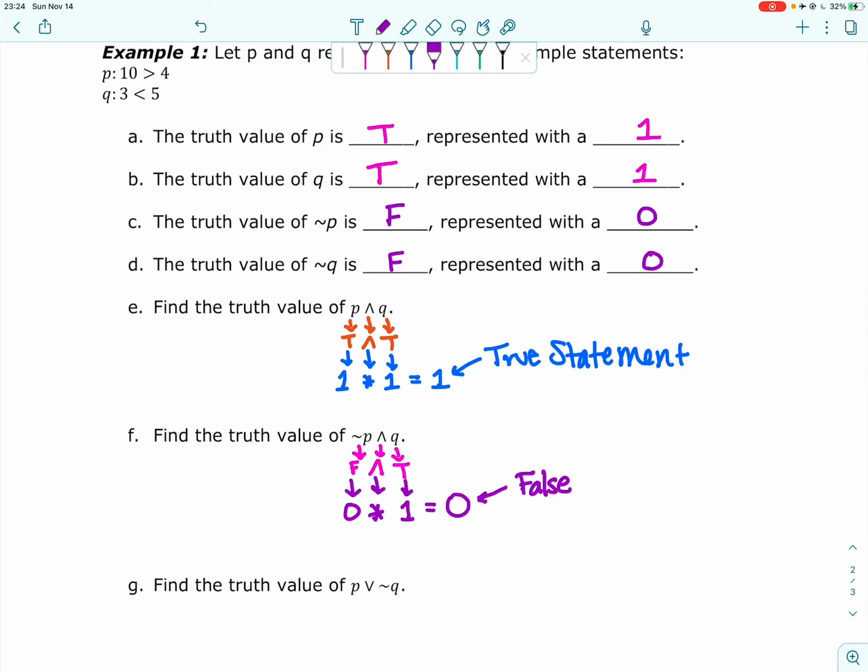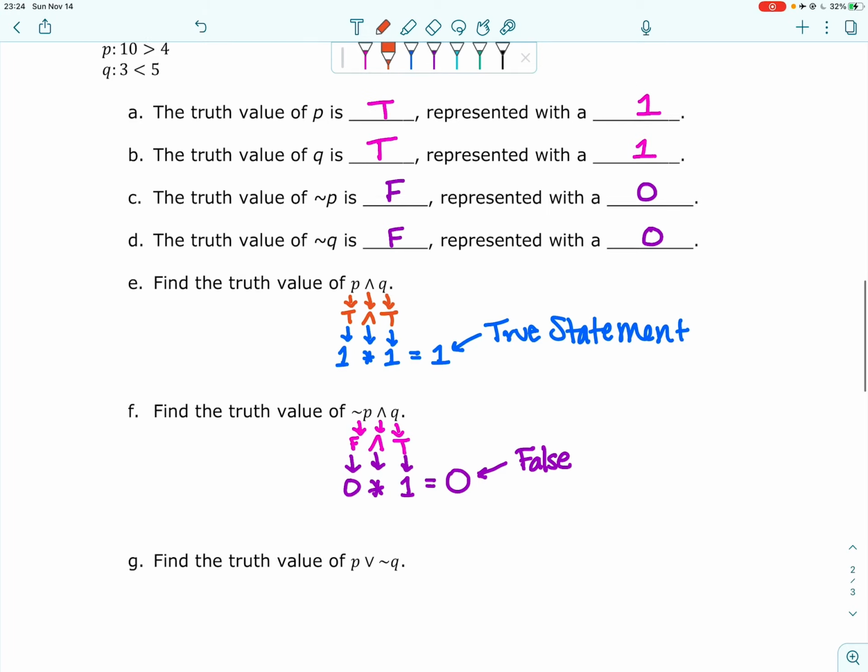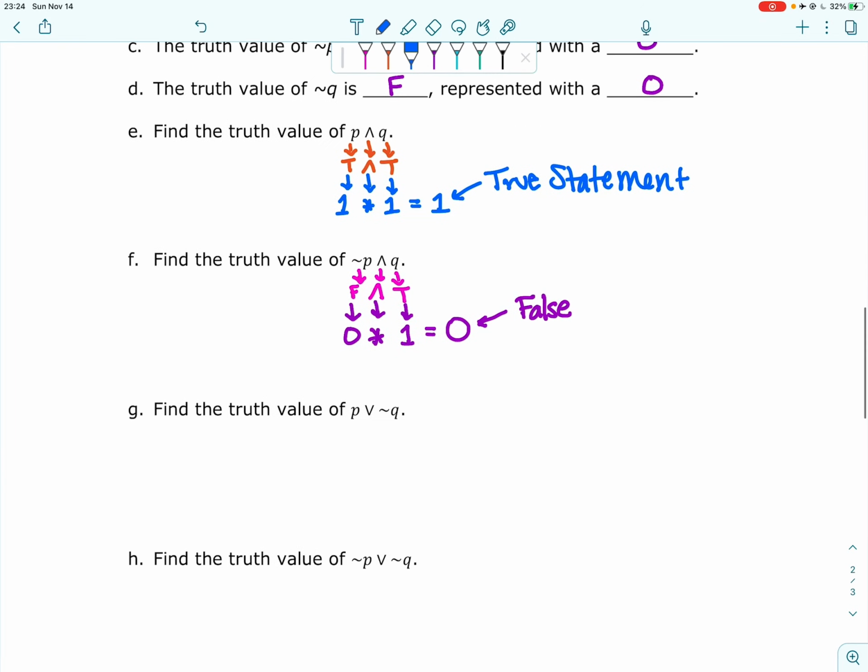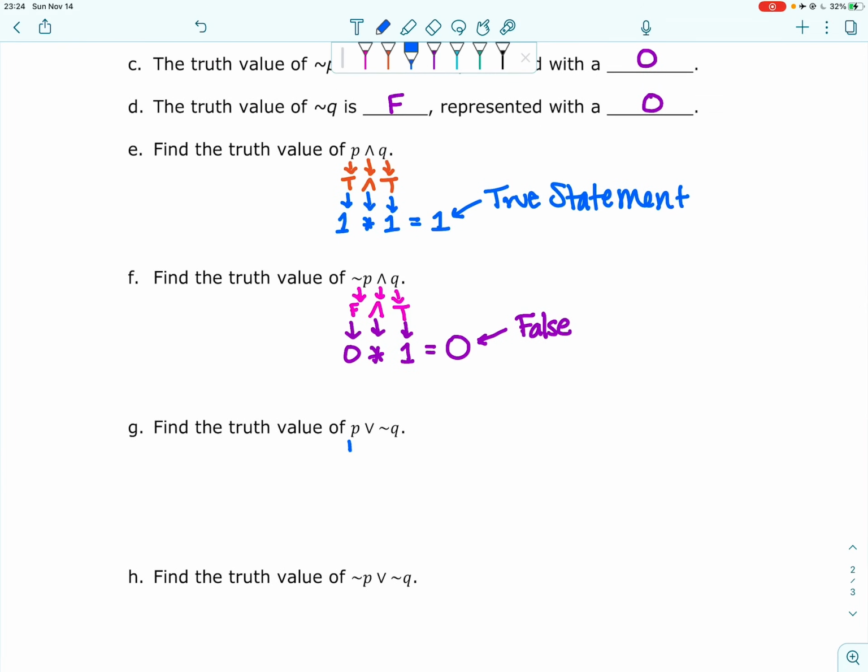The next one, P or not Q. So P was a true statement, or, and not Q was a false statement.